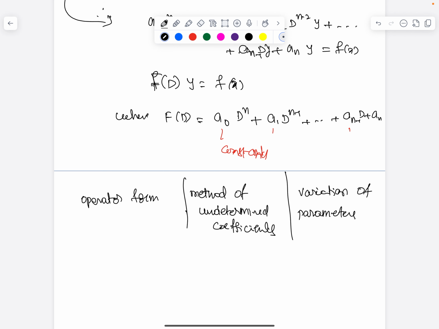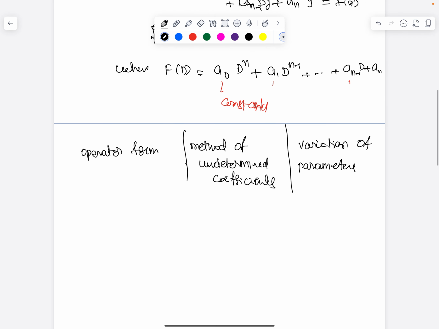There are three ways to solve this problem. One is the operator form, another is the method of undetermined coefficients, and the third is variation of parameters. In this video, I'll be focusing on the operator form.